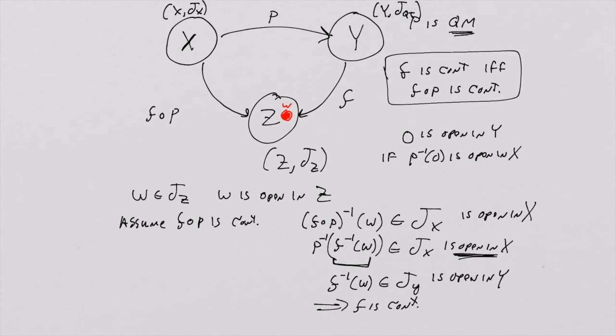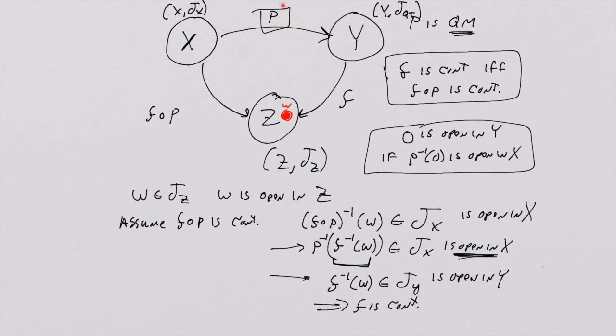So now I know that if P is a quotient map, remember we used the fact that it was a quotient map because it depended on the quotient topology here in this step, going from here to here, right? In other words, the only way I could say that this preimage was always open in Y is because this is a quotient map, and the definition of the quotient topology demands that that's the case. But the point is I've now shown that F is continuous.